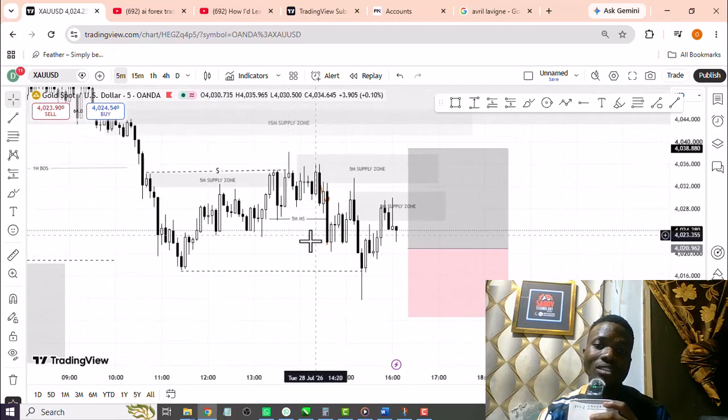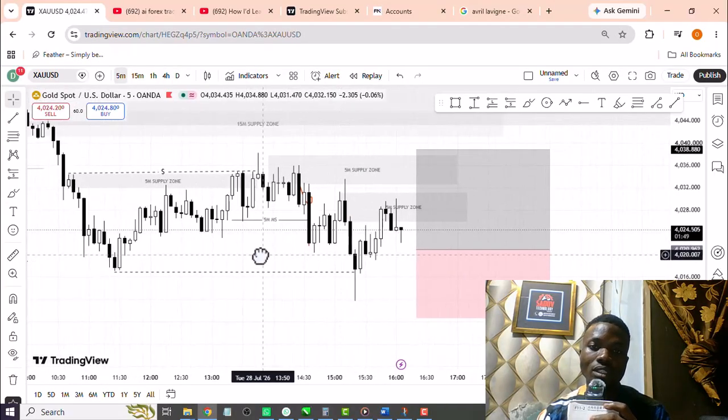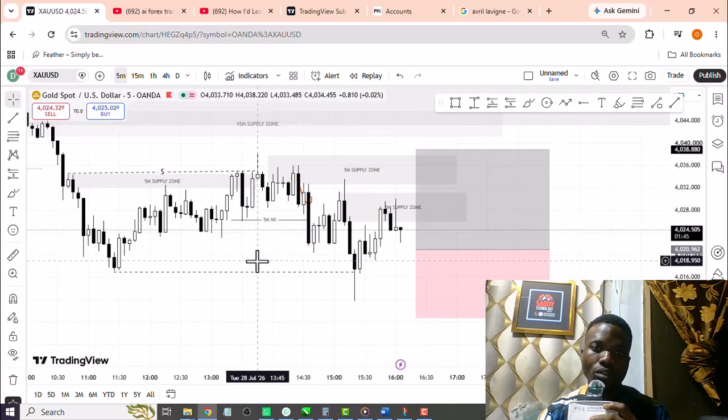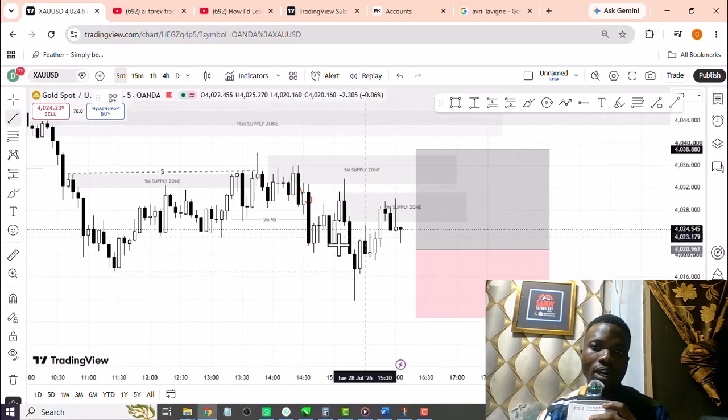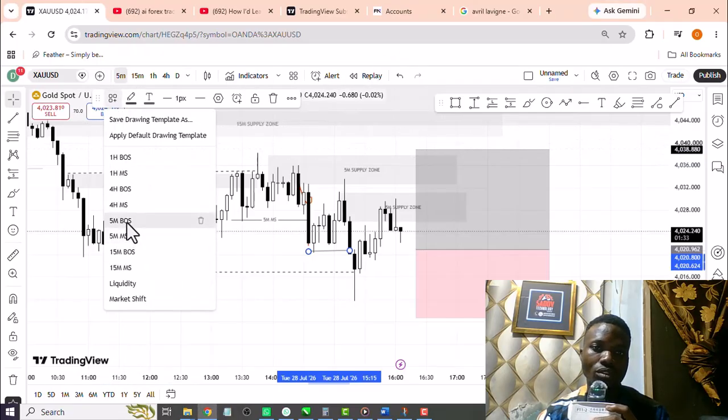Now I'm actually seeing a positive signal, because we have an internal break of structure here. Let us just call it internal break of structure.